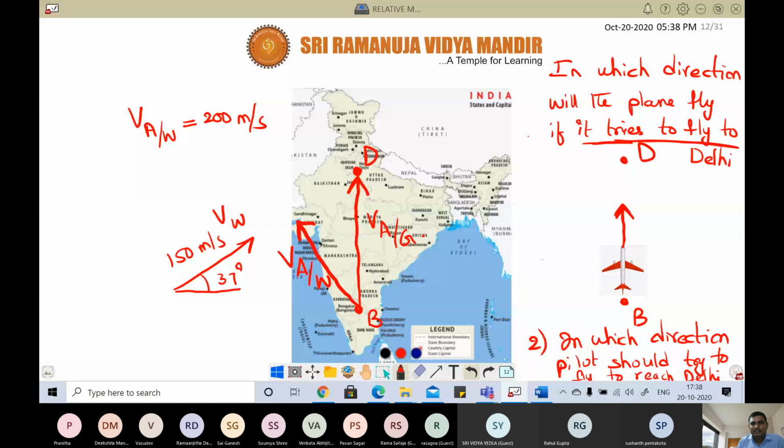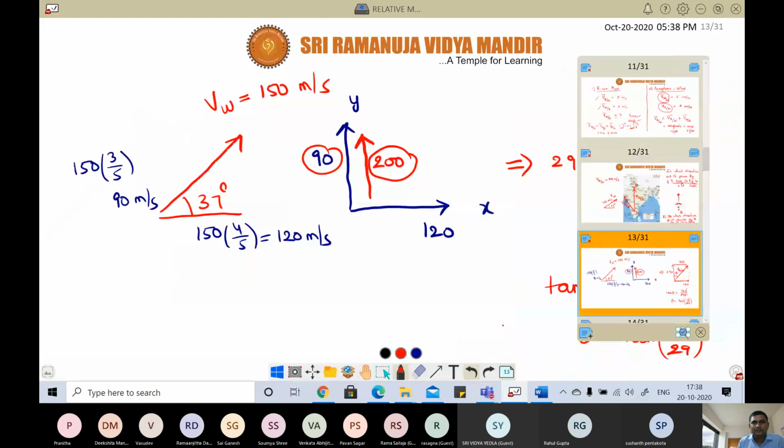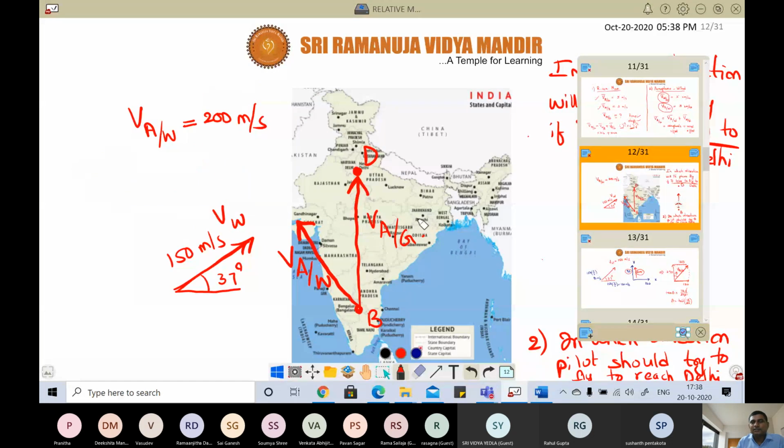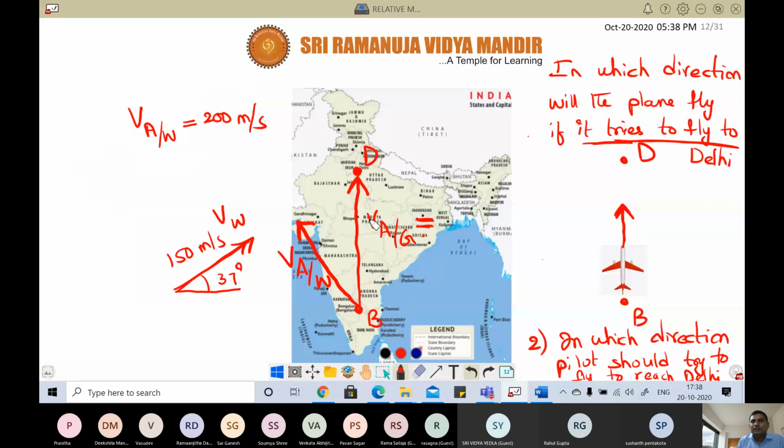Now here, just understand the concept that wind is blowing with some velocity. Correct or not? Now see here, my final velocity, that means velocity of aeroplane with respect to ground, if I write in vector form, is i cap plus j cap. Now I have to fly finally towards Delhi, which is the j cap direction.